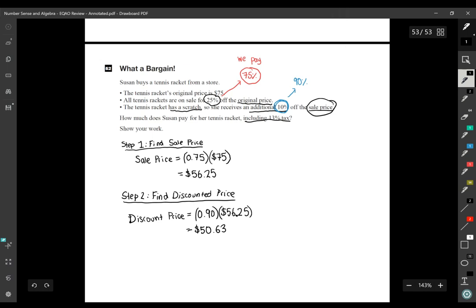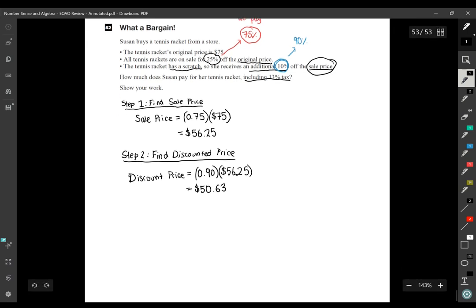And I'm rounding to 2 decimal places. So this price here is what the racket would come to before taxes, with the 25% off and then the additional 10% off.